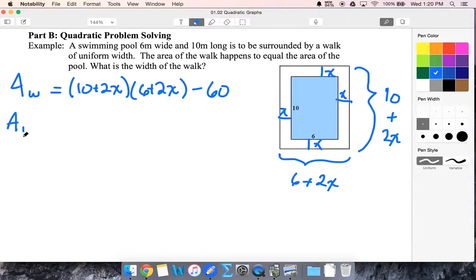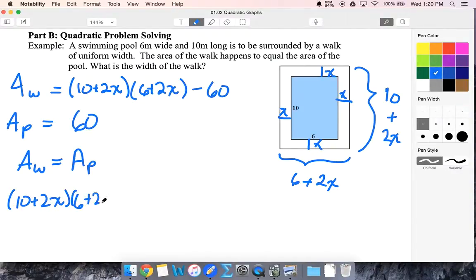Of course, the area of the pool is just the 60. We're told that those things are equal. So AW equals AP. If I set those equal to each other, 10 plus 2x times 6 plus 2x minus 60 equals 60. Now I've got a quadratic that I need to solve.